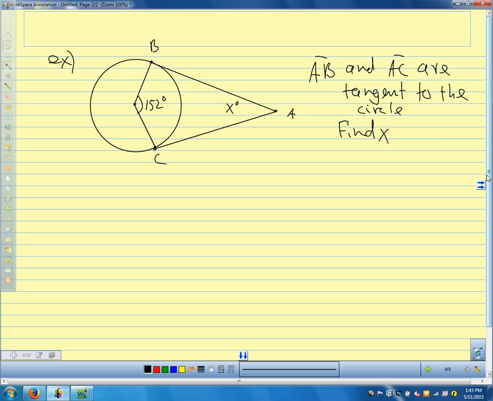So what are we going to do? Well, they're tangents to the circle. These are radii. What are this angle and this angle? Tangents intersect the radius at 90, so that's 90, that's 90.